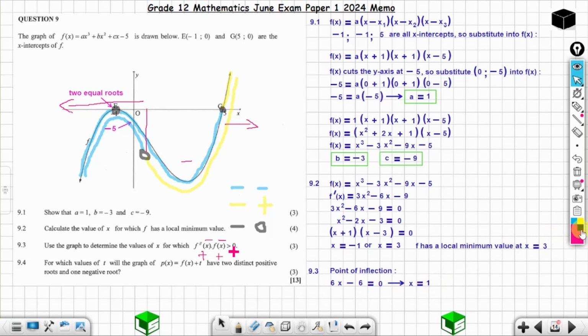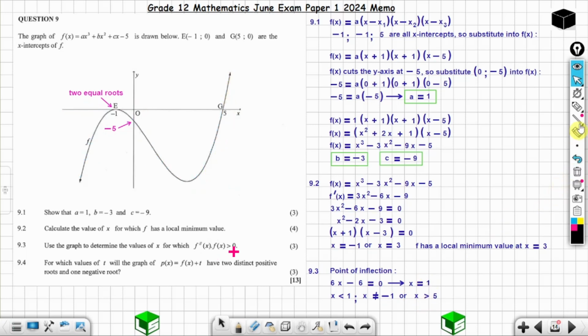So you need all the values less than 1, x not equal to -1, or all the x values greater than 5. Okay, let's move on.